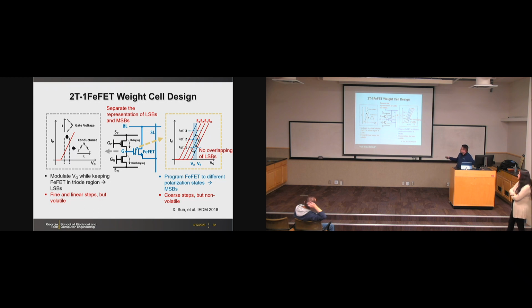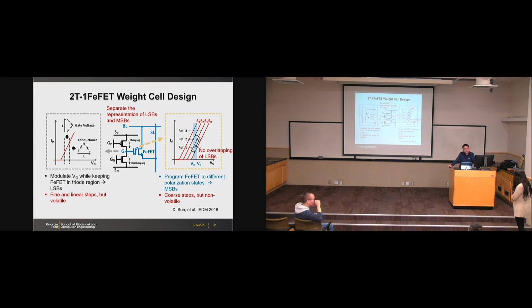Right? So here the idea is that the LSB is updated by charging and discharging, so it's pure electronic. Only when you accumulate a certain large change do you carry it into the MSB, and then you program it once. So this could greatly save the endurance cycles in this case.